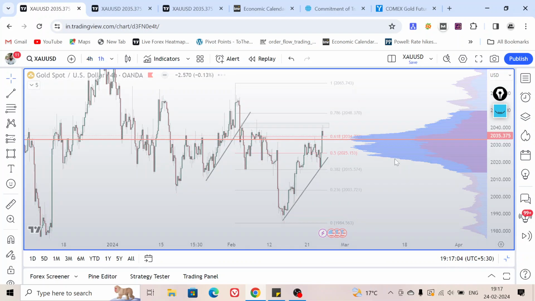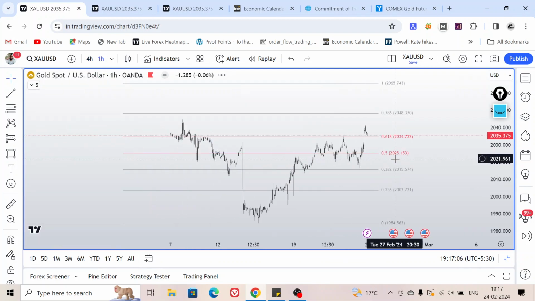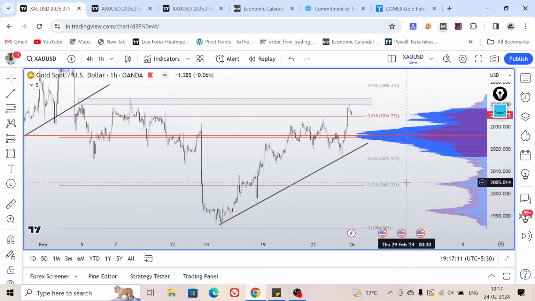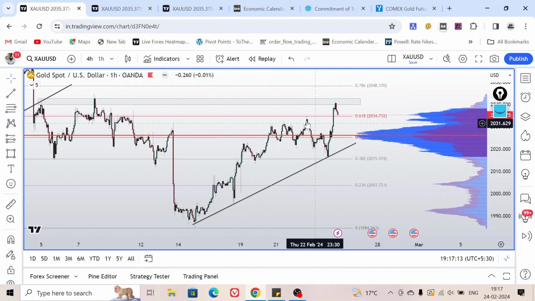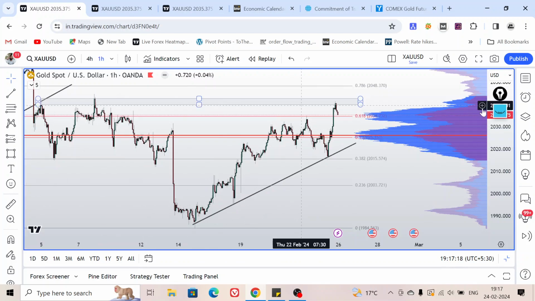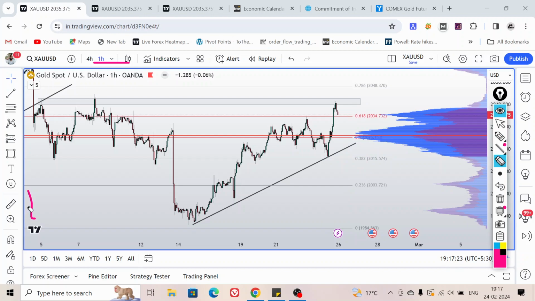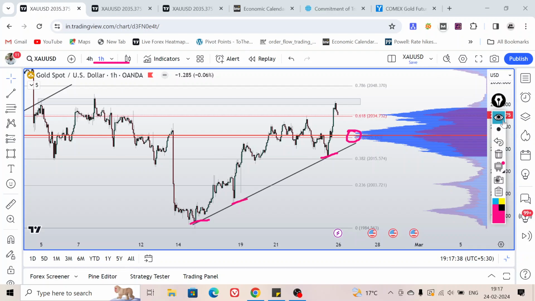If we switch to the 1-hour time frame, you can see that the current price is taking support on this trend line support, right over here. This trend line support is a good support right now, and also price broke out of this high volume node on the 1-hour time frame.